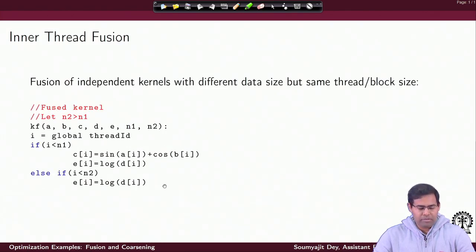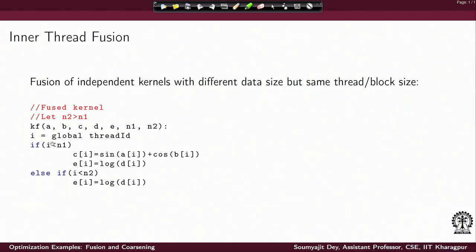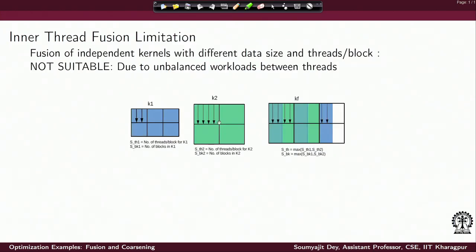This was the sample code. These two lines were the activities of kernel 1 and this line was the activity of kernel 2. In the fused kernel they are both part of a single thread activity, based on whether they are actually valid operations for both of the kernels or not.